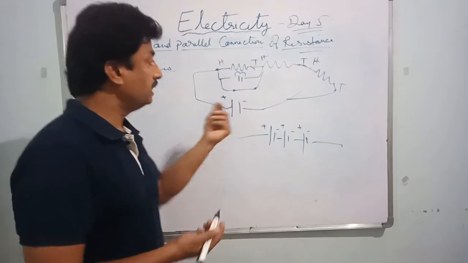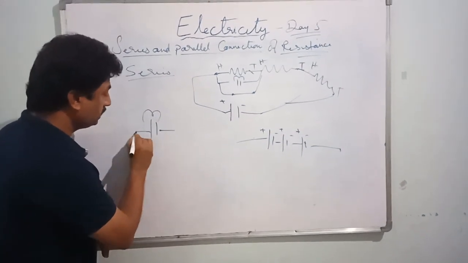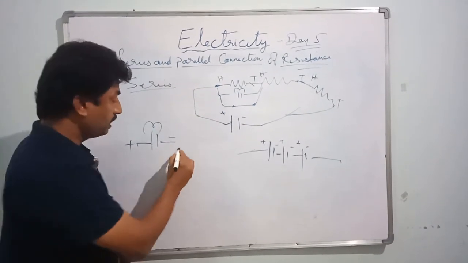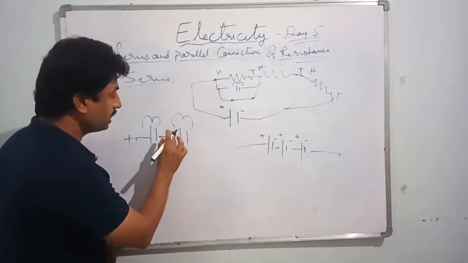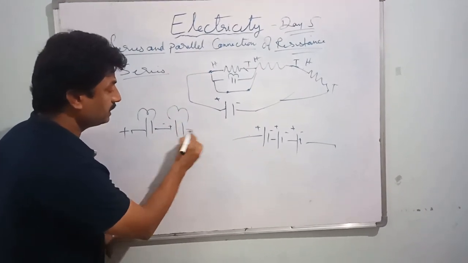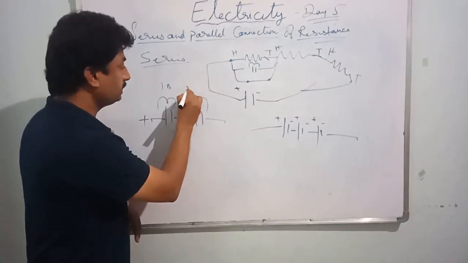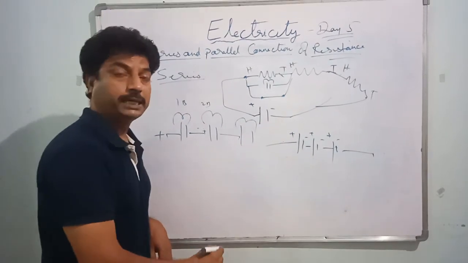If you are taking a bulb, to one end of this the positive, the negative has been connected. If you want to connect this in series, the positive end of one needs to connect to the negative end of the other. This is one bulb, this is the second bulb. If you want to connect one more, this is how it will be connected.